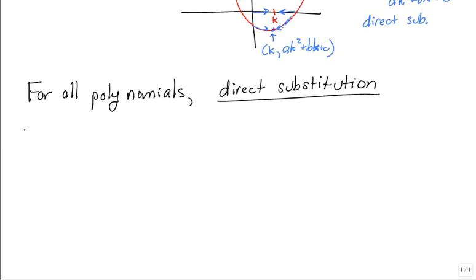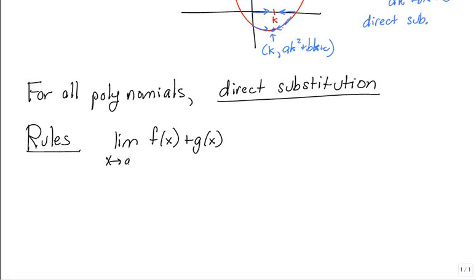Let's look at a few rules. The limit of f of x plus g of x, say as x approaches a, and this is true for subtraction too, we just take the limit separately.